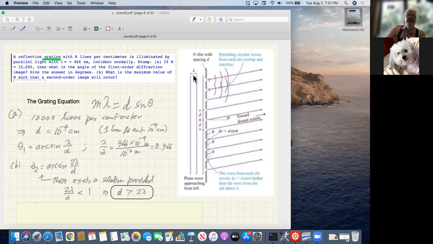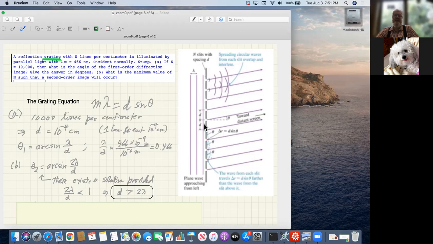Here's a picture of a transmission grating where you have light incident on an opaque slide with a large number of grooves cut in the slide, or slits cut in the slide. It's like an opaque screen with N slits. We considered before the example of an opaque screen with 2 slits.